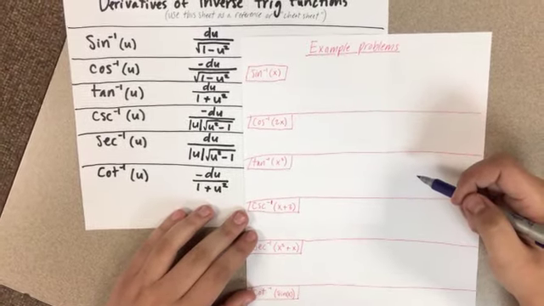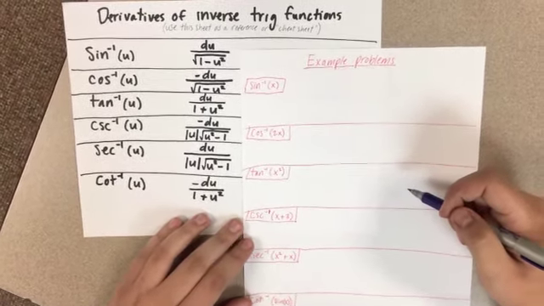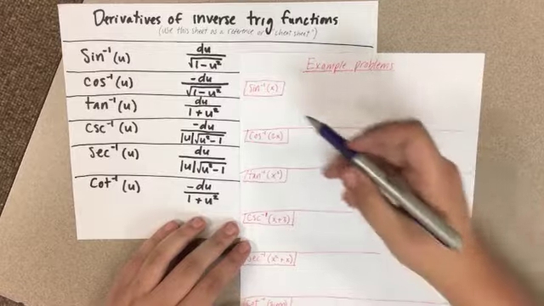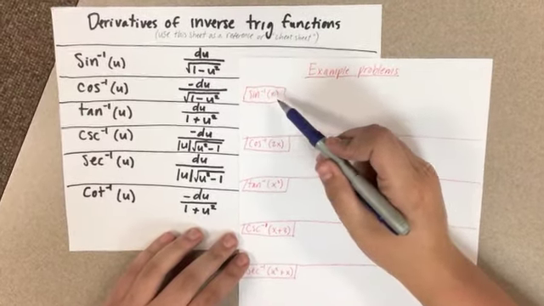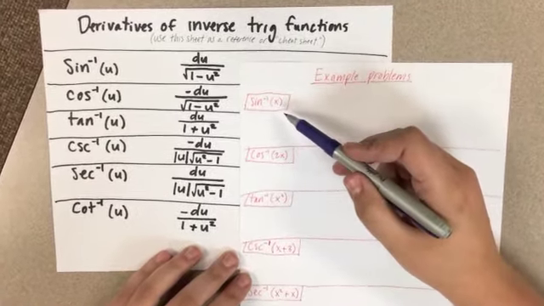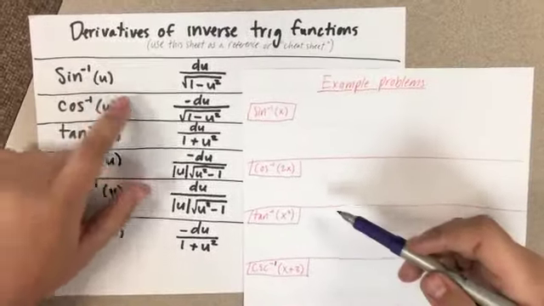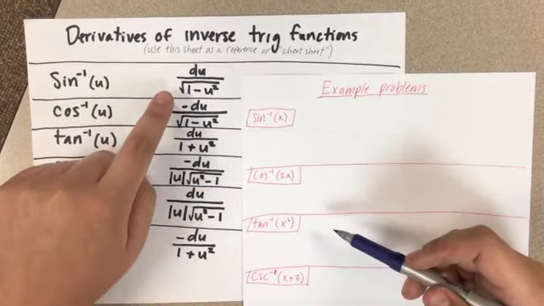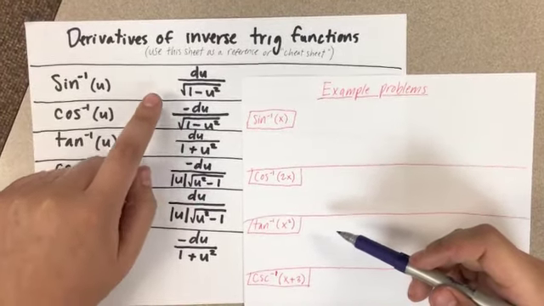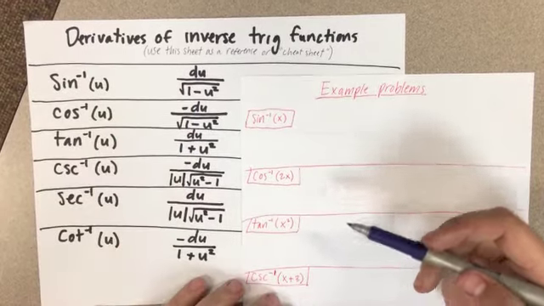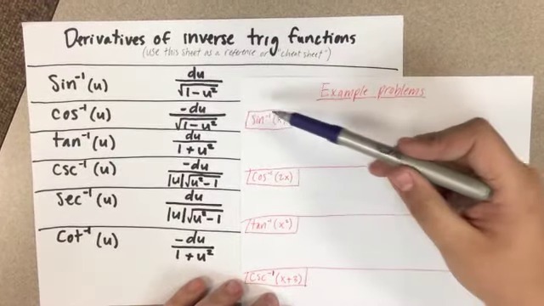All right, so now let's do some example problems. The first one is pretty easy and basic. It's just the inverse sine of x. And like I said, u is just a dummy variable. So here you see the derivative form for inverse sine using u's, but now all you have to do is plug the x in for u's.